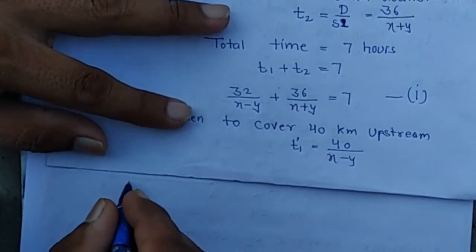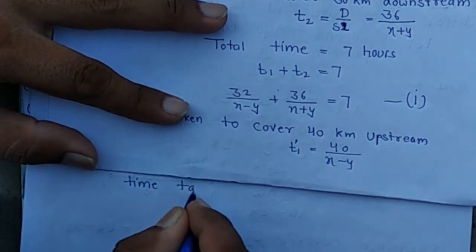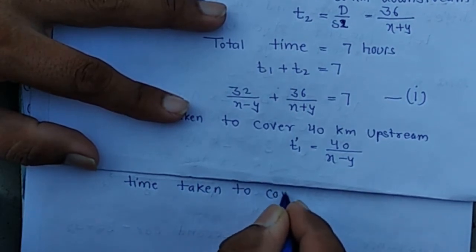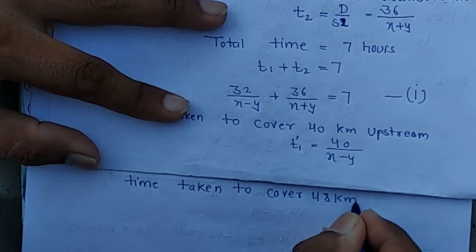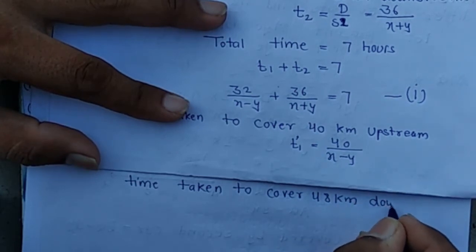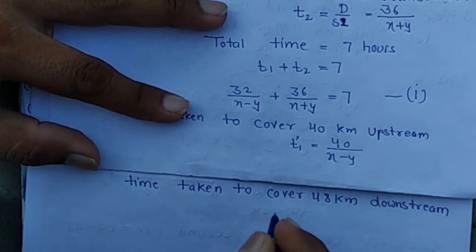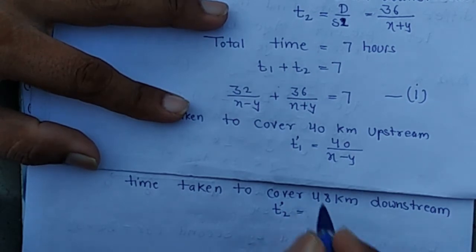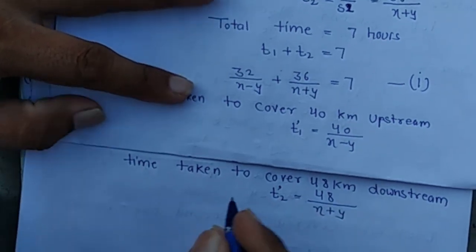Now the time taken to cover 48 kilometer downstream, T2 dash, time equals distance, which is 48 kilometer, upon speed in downstream, x plus y.